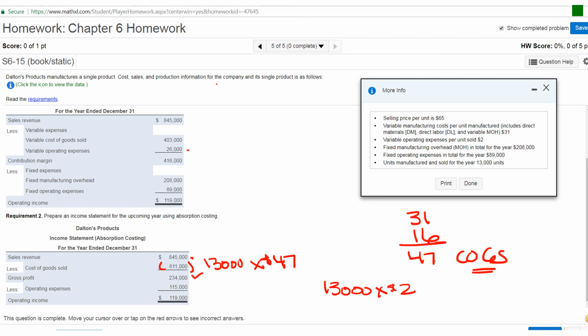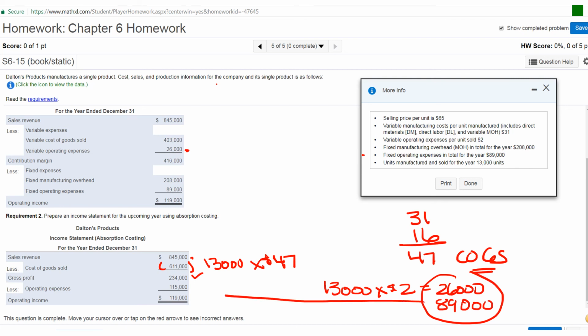We've already calculated that up here. There's your 26,000. And then essentially you have to add in the fixed operating of 89,000, which was given up above. Those two added together would be your total period expenses. That's how they would get the 115,000. You would subtract that again to get your operating income of 119,000.